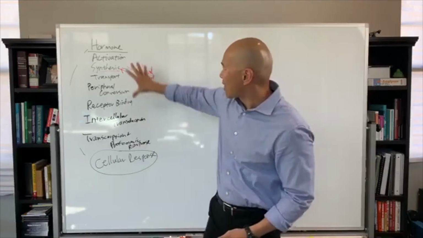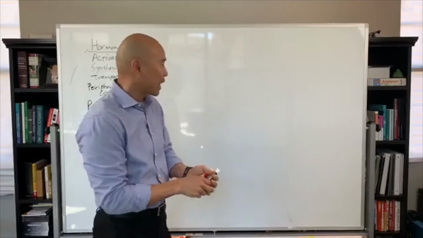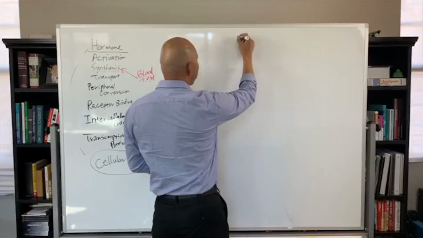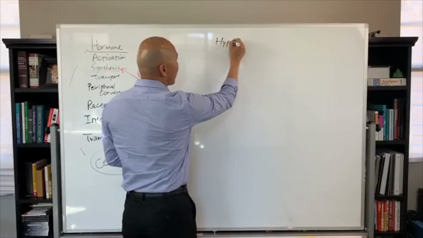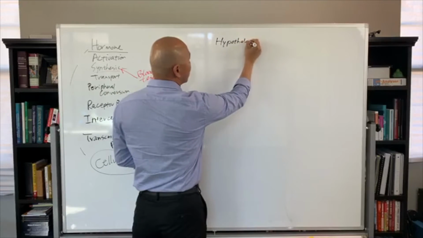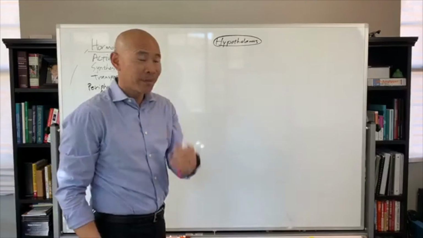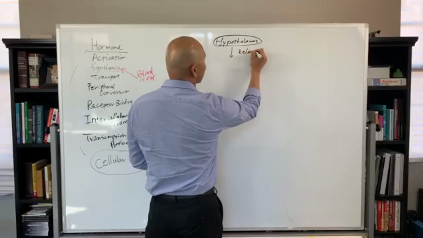So let's take this concept and overlay it over here and show you how that would play out from an activation perspective. What does that have to happen? First, we have to have the hypothalamus. The hypothalamus is a hormone gland in your brain that typically makes releasing hormones.